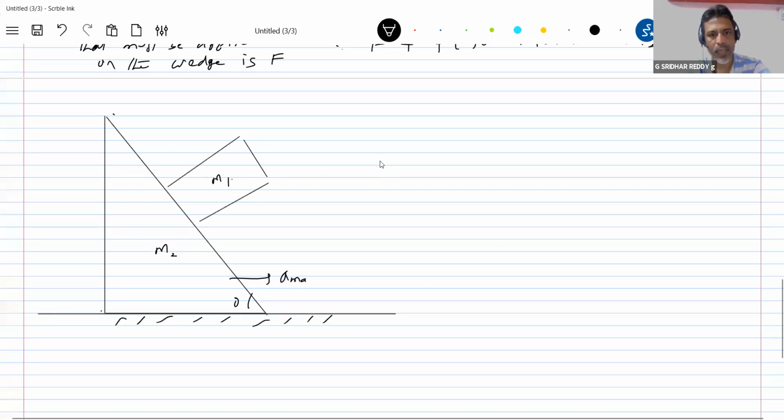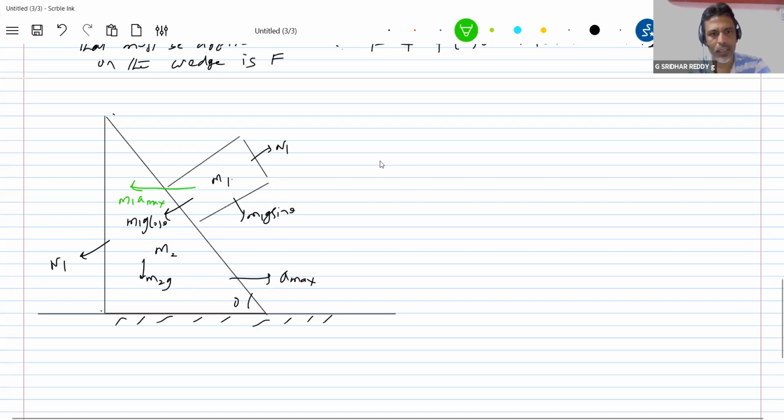Let it be A max. So what are the directions of forces that are acting? M1G sin theta, normal contact, here normal contact, there's a weight M2G, M1G cos theta, the pseudo force M1 A max. And then the direction of friction I should put down the incline on the block, and up the incline on the wedge. Then resolve all the forces and solve for that. So this will be on the block.